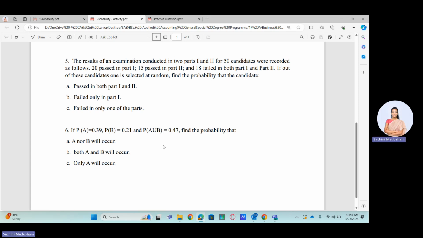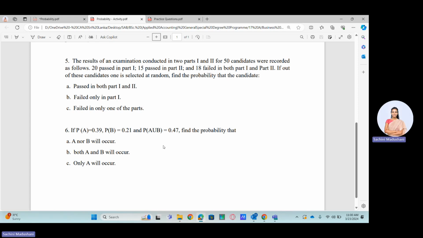Then which area? Only one of the parts. It means this 17 failed only in part 2, since they passed only part 1. Other way we can say they failed part 2. Then these 17 failed only one part.